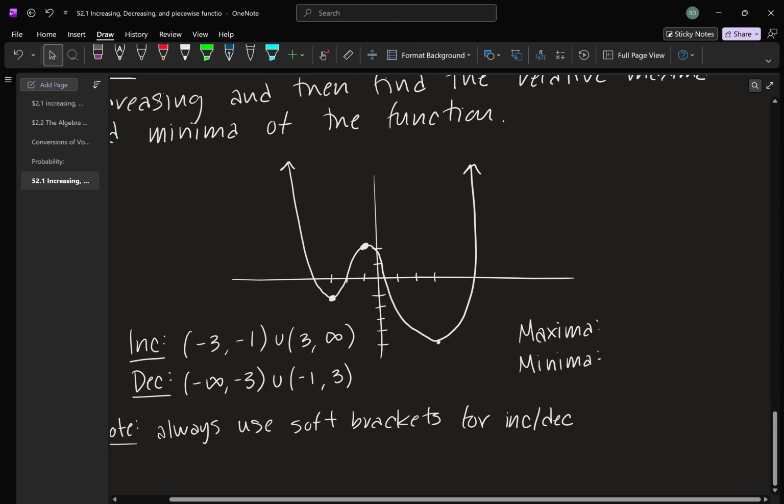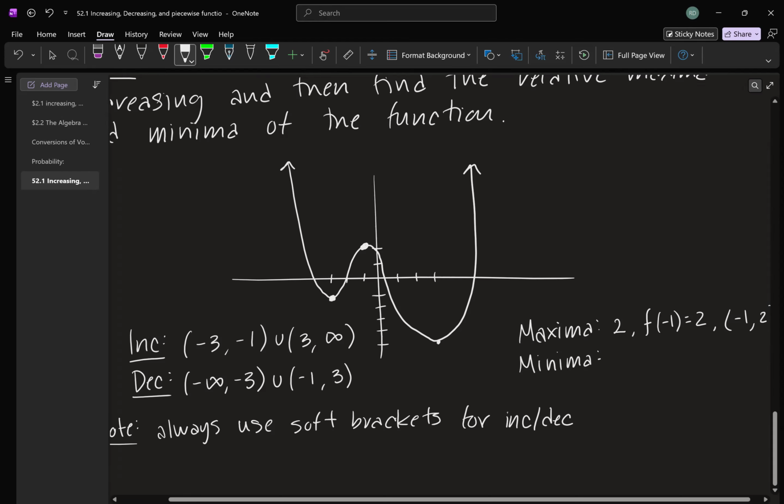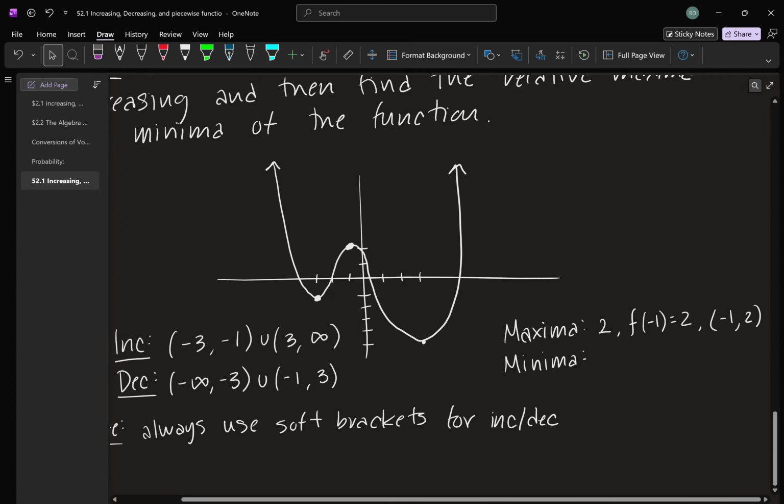Like I said, we want to tell how tall the mountain is, not where the mountain is. So one way to answer this is 2. Another way, which is my favorite way to answer this, just so that I know what the point is, would be f of -1 equals 2, but your actual answer is the 2. Or you can answer this as a point, (-1, 2). As long as the y value is there, though, it would be a correct answer. So any of those 3 would be a correct answer.